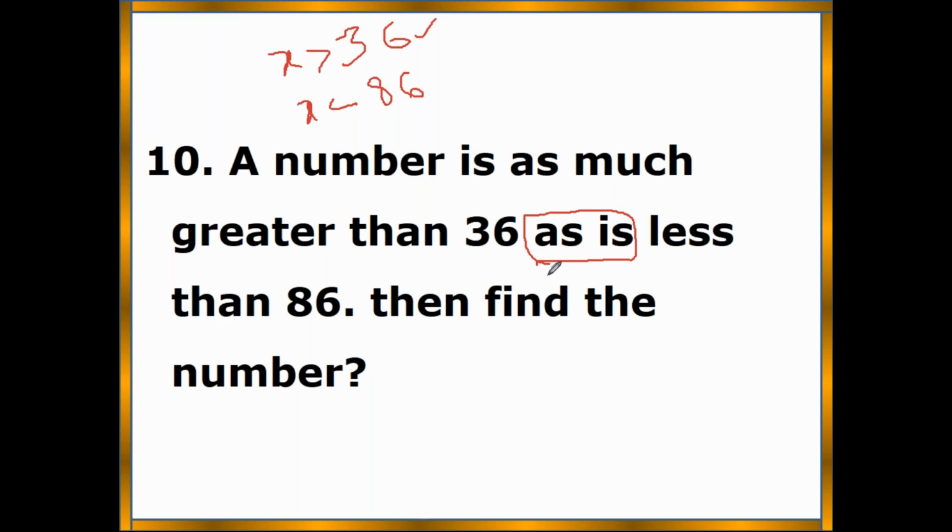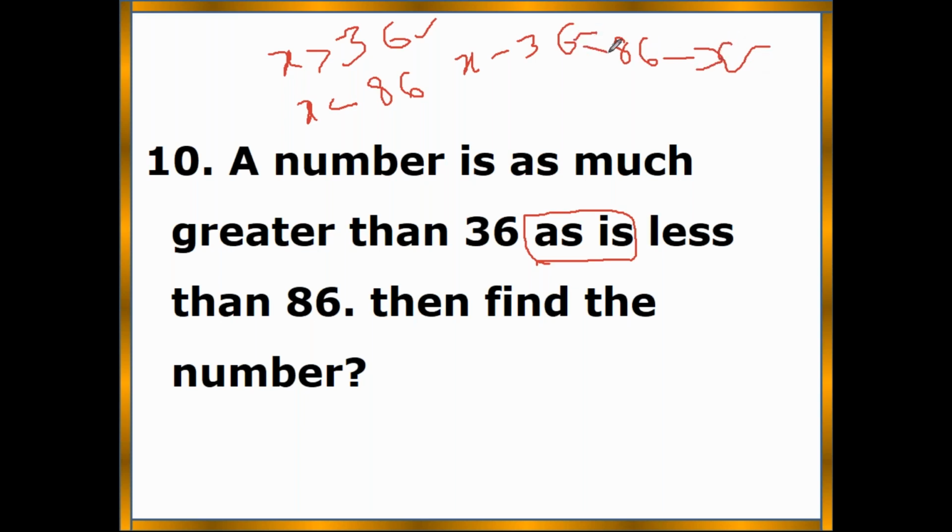X is how much more than 36? With the same difference, the number is less than 86. The difference between X and 36 and the difference between 86 and X is the same.